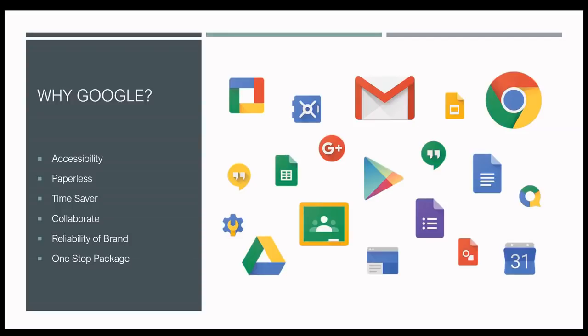It is going to give you a response with the Google search engine. That is the ease of accessibility. Second point is it is paperless. Whatever we will be doing on Google will always be a paperless thing.